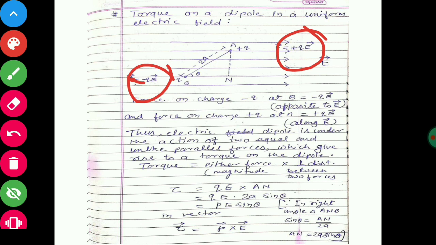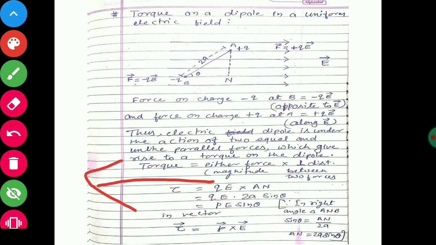So the magnitude of either force is QE, and the perpendicular distance: one force acts in that direction, another force acts in that direction, so the perpendicular distance is this, which is represented by AN. So torque is equal to QE into AN, and torque is represented by the symbol tau.